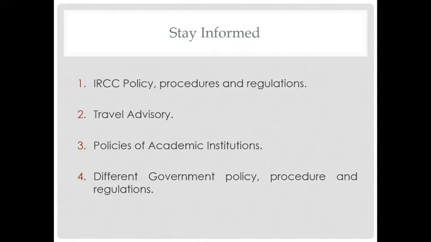We have to be concerned with travel advisories. We have to pay attention to policies of the academic institutions that you will be dealing with. And of course, there are different government policies around the world. So you have to be aware of what the government policy is for any country that you're going to be dealing with. Say, for example, you're in Brazil and you want to travel, you need to know what the current situation is in Brazil as far as travel and regulations go.